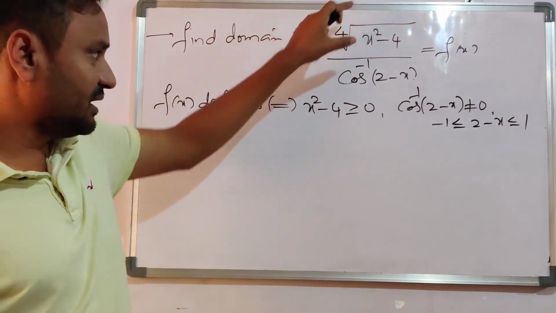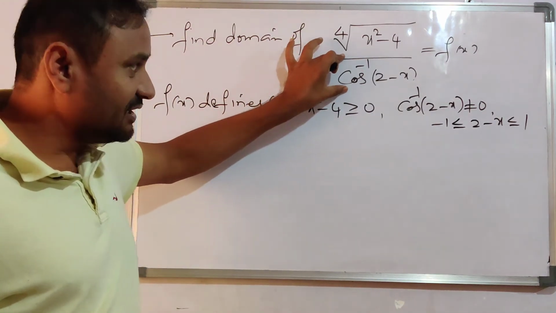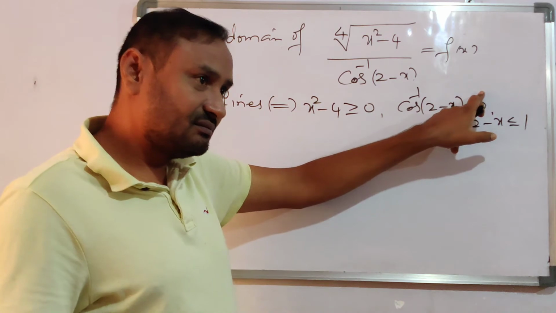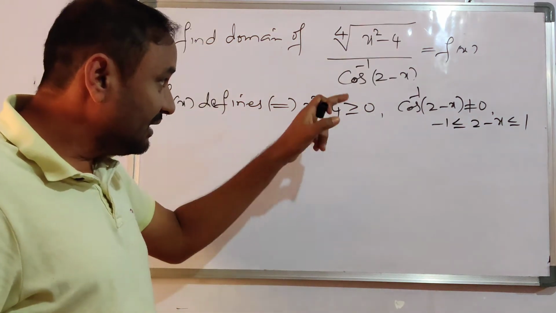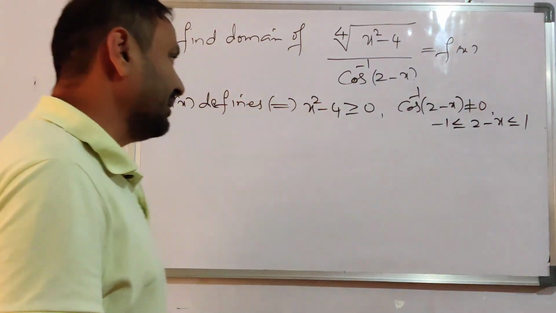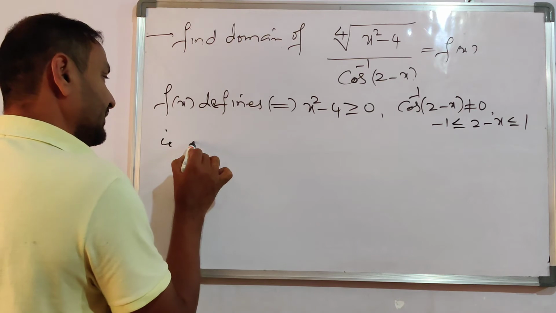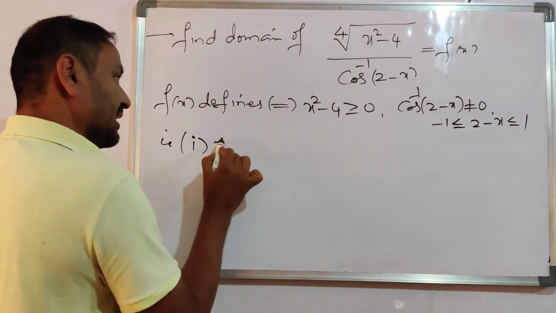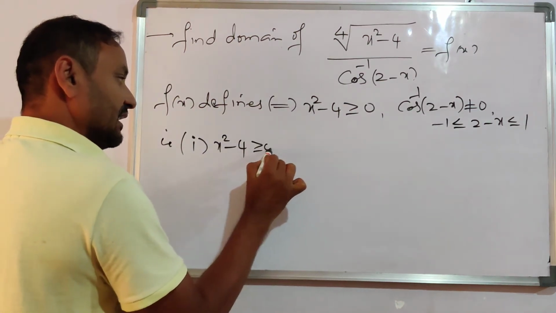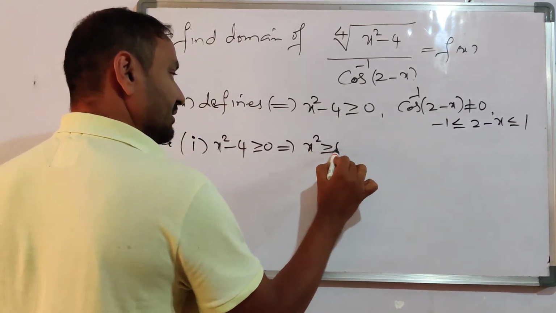In the numerator it is always greater than or equal to 0. The total function in the denominator is not equal to 0, since something by 0 is not defined. And the cos inverse of something lies between minus 1 to plus 1. One by one you find out. First one, x square minus 4 greater than or equal to 0. That implies x square greater than or equal to 4.